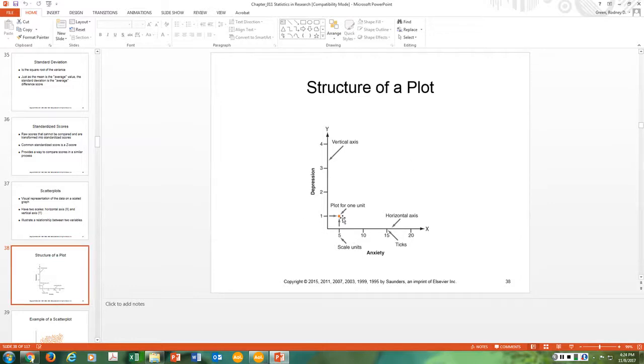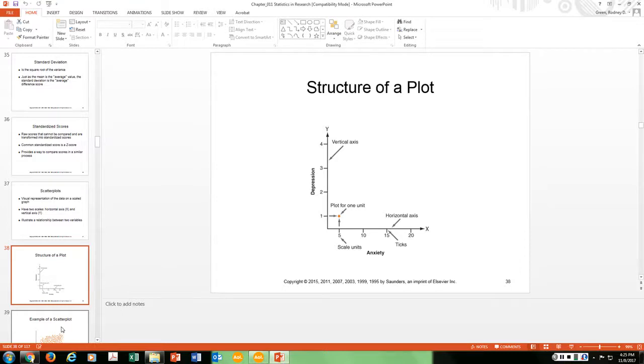So one person got a score of 1 on the depression scale and a score of 5 on the anxiety scale. So let's say we do an entire study, getting the results of depression scores and anxiety scores for, let's just say, 100 people.